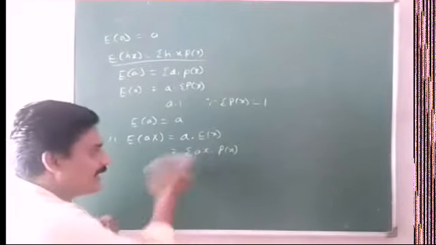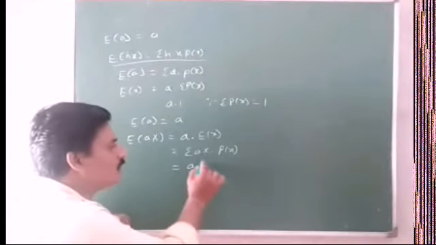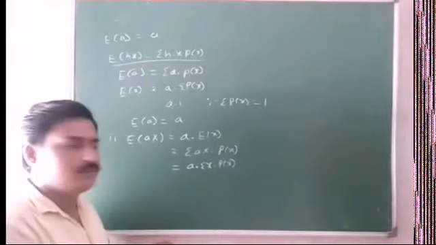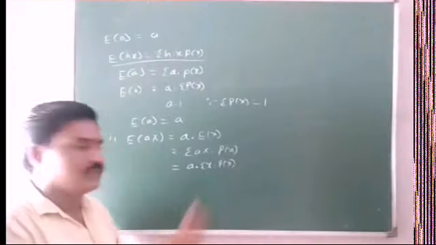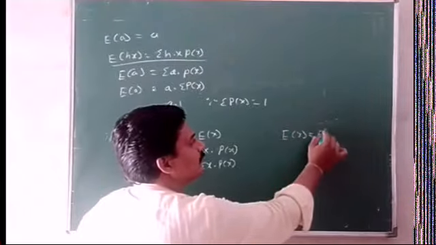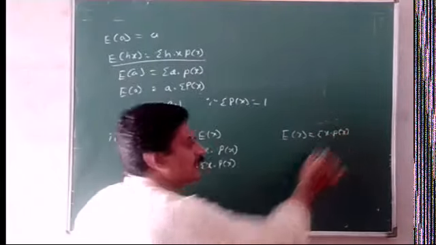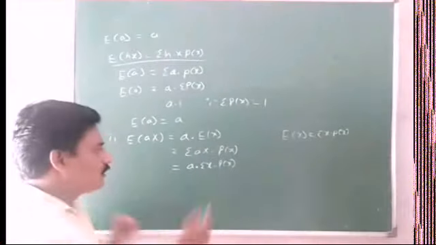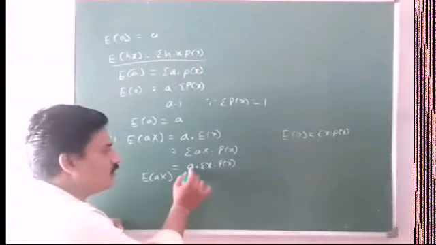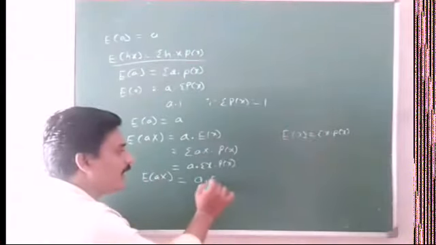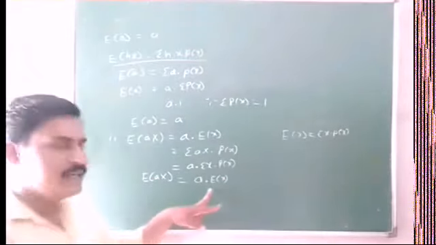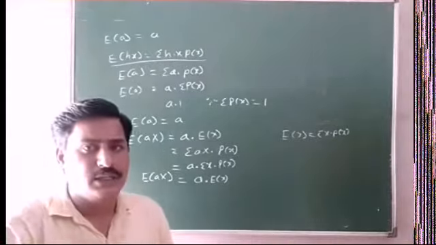So we take a outside, that is a into summation x into P of x. Summation x into P of x is nothing but what formula? E of x is equal to summation x into P of x. So finally, what we got here is E of ax is equal to a into E of x, the expectation of x.